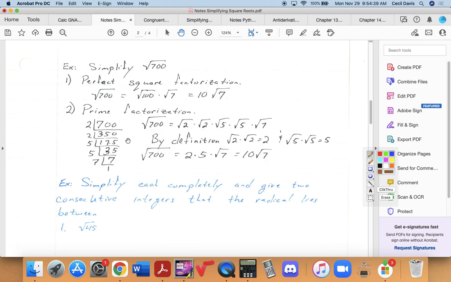On the other hand, you can use what's called prime factorization. When we're using prime factorization, we're going to divide by prime numbers. I guess we should probably talk about prime numbers for a little bit. Prime numbers, anybody remember what they are?